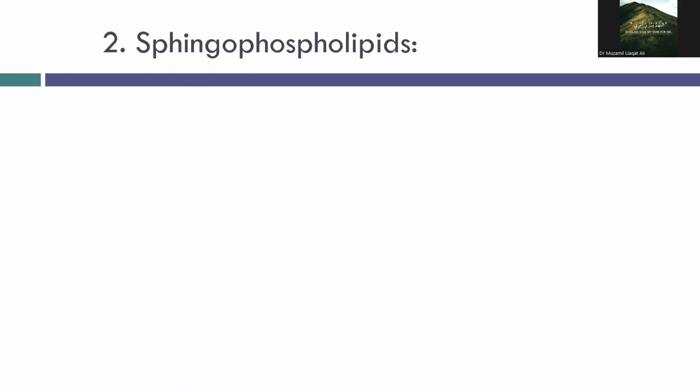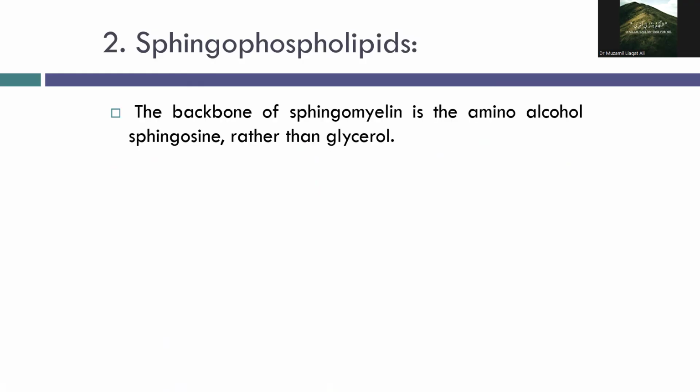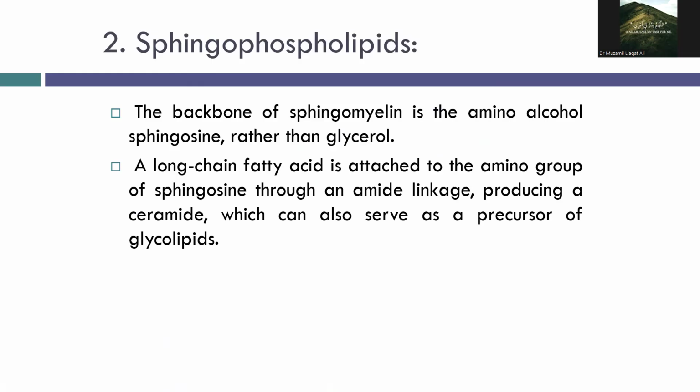So the next one is the sphingomyelin. The backbone is the sphingosine, as we discussed earlier, the amino alcohol. Fatty acid attached by the amide bond, as in ceramide, and the phosphorylcholine attached to carbon number 1, that is in case of sphingomyelin. So a major component of the myelin sheath is the sphingophospholipids.